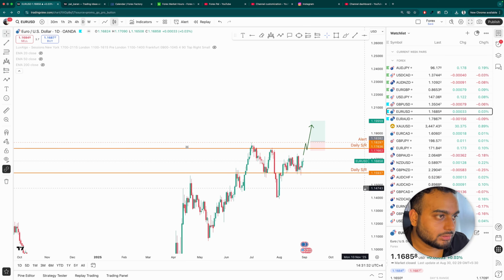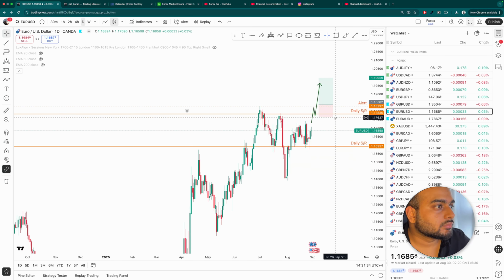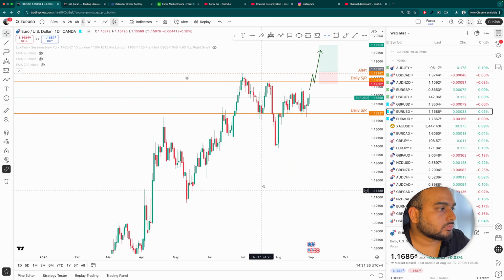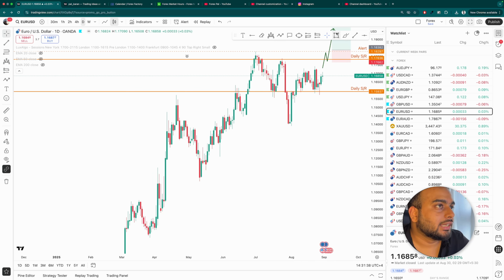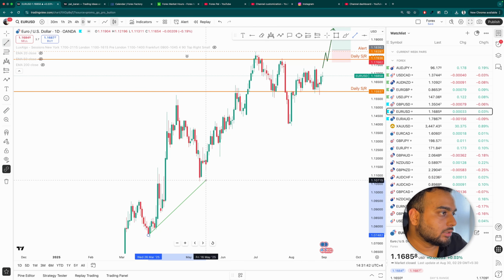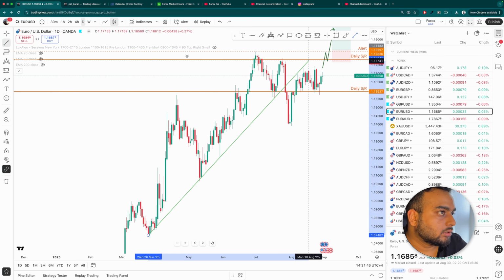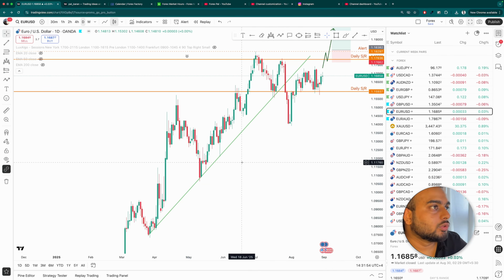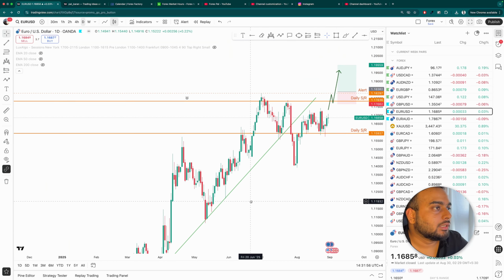For example, the price was really nice moving from here to here. Okay. Lot of touches involved. So it was moving in a trend, really nice.